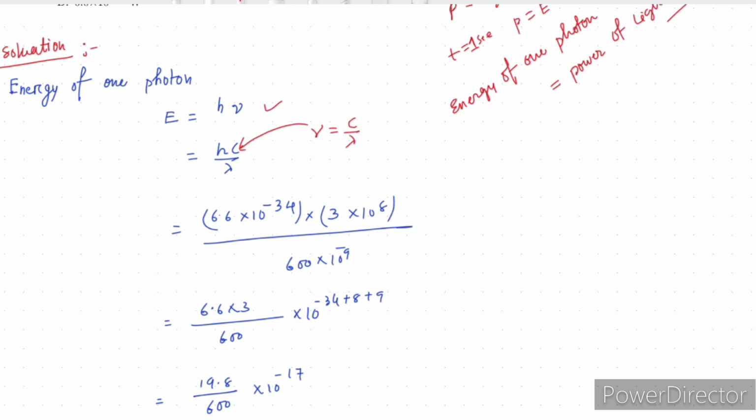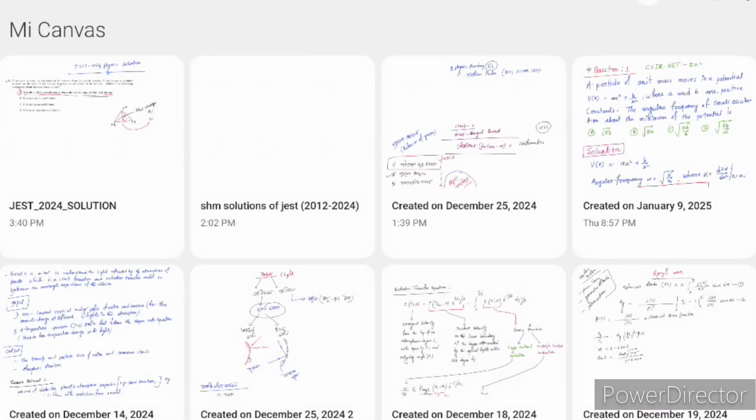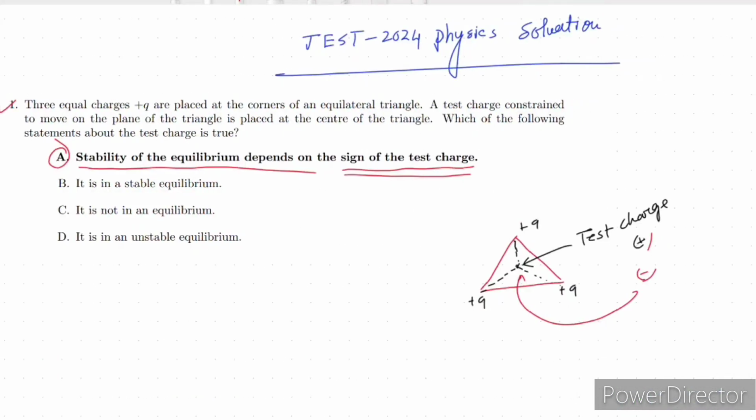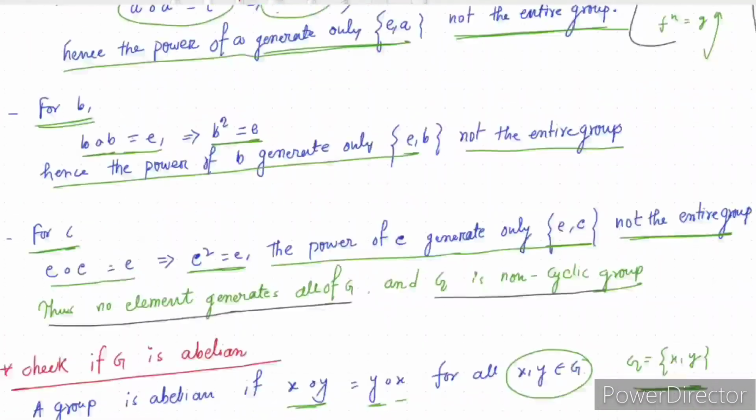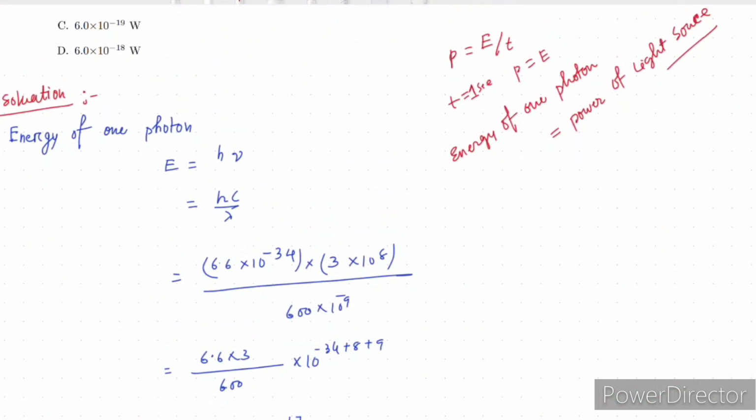We just substitute here and put the value of h, 6.626 into 10 to the power minus 34. E equals hc by lambda.